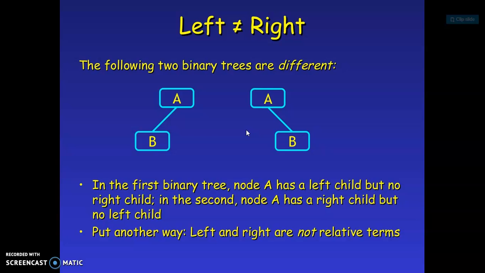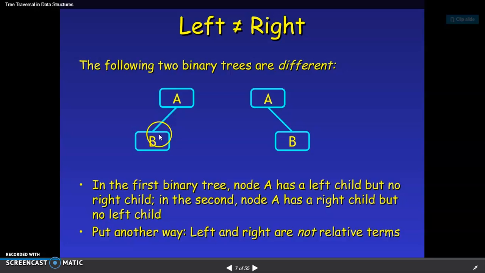In the first figure, A has one child B, and in the second figure, A also has one child B. But these two are different. In the picture we get a similar look, but they are different. Why?